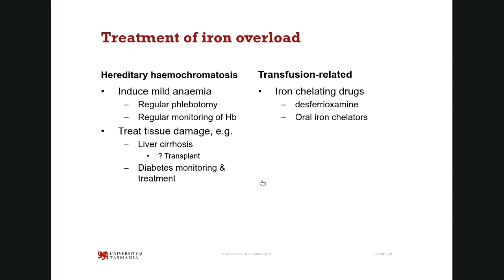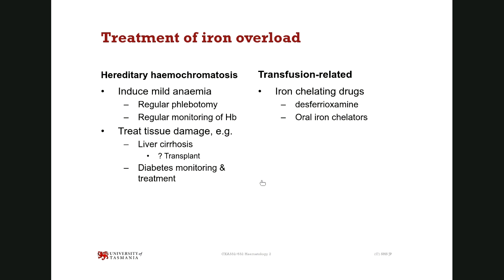If you've got transfusion-related iron overload, then obviously you're not going to withdraw blood from the person, because the person needs the blood. They were given the transfusion for a reason. So in these instances, the same as with sideroblastic anemia, the person is treated with iron chelating drugs.